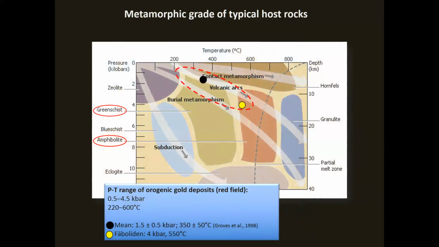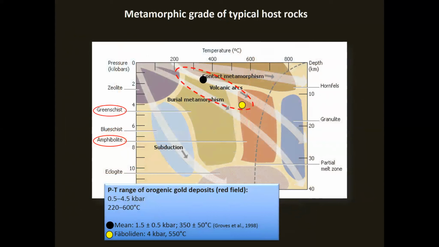A typical metamorphic grade for an orogenic gold deposit will be greenschist facies conditions. So the black dot in this image represents the global average, which is roughly 2 kilobars and 350 degrees centigrade.